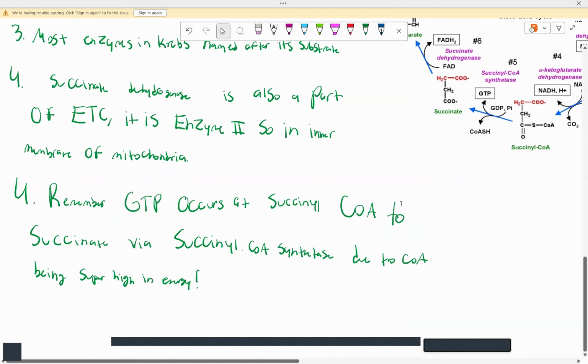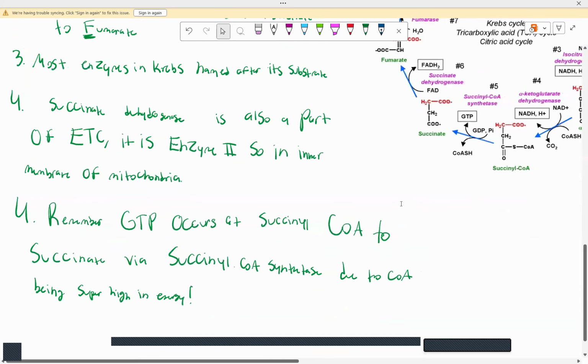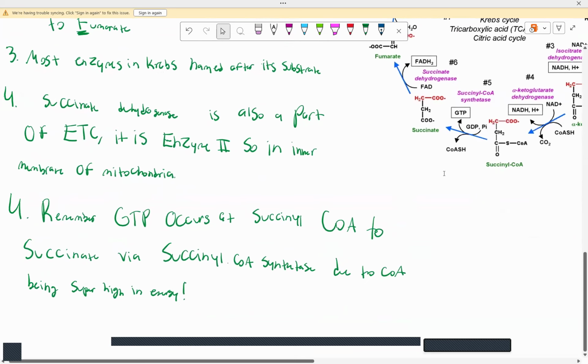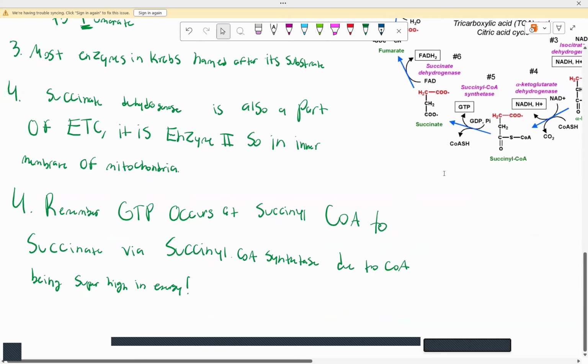Remember that GTP occurs at the succinyl-CoA step, so succinyl-CoA to succinate, through the succinyl-CoA synthetase, and it'll create GTP because CoA is really high energy. So whenever you see CoA, think high energy. And what is high energy? But of course, our GDP, which will become our ATP.